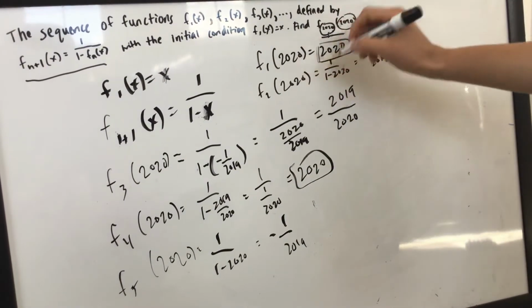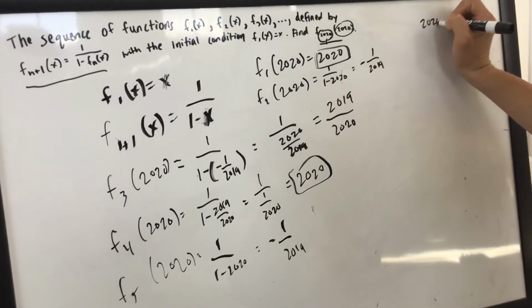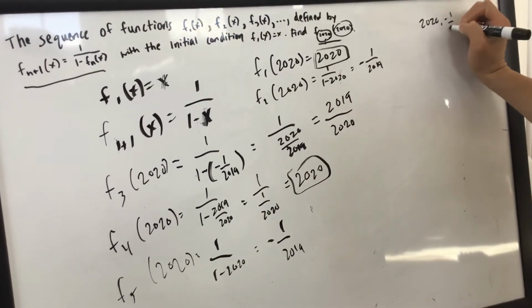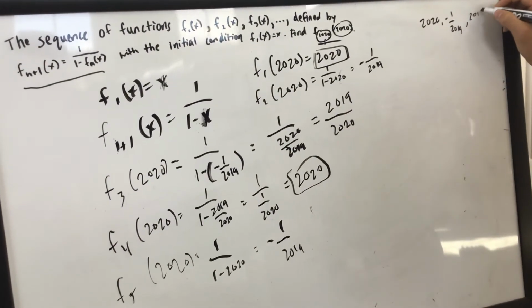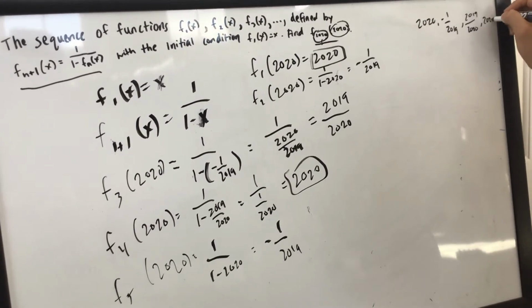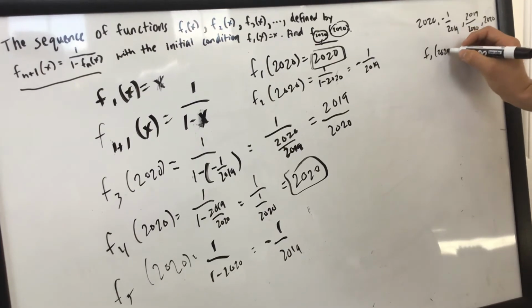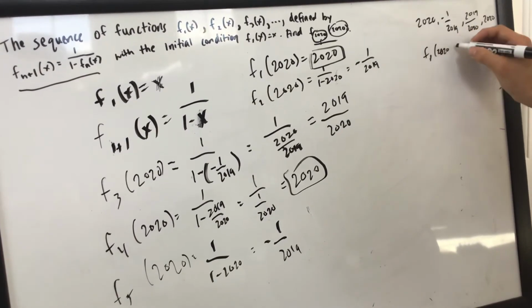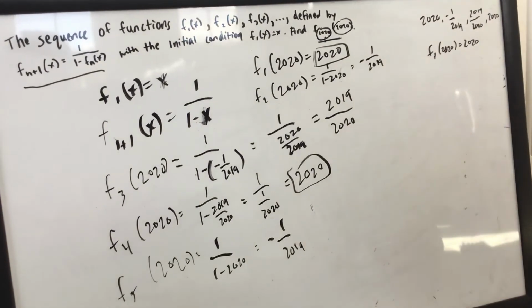So this function can just be defined as a series of 2020, negative 1 over 2019, 2019 over 2020, and then looping back to 2020 with f of 1 of 2020, this is a 0, this is a 1, being equal to 2020. So every 3 we have a cycle.